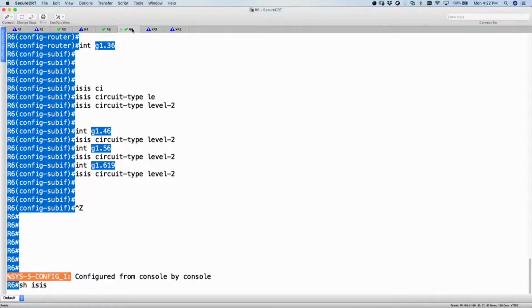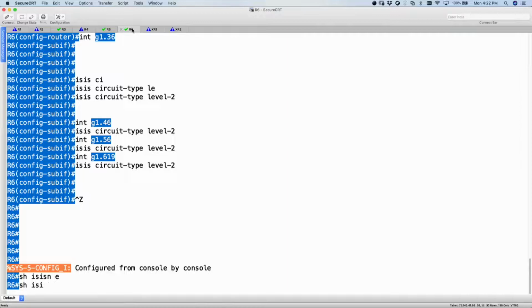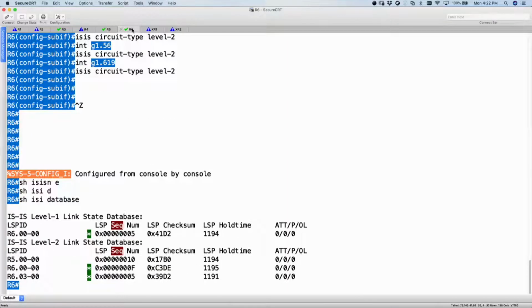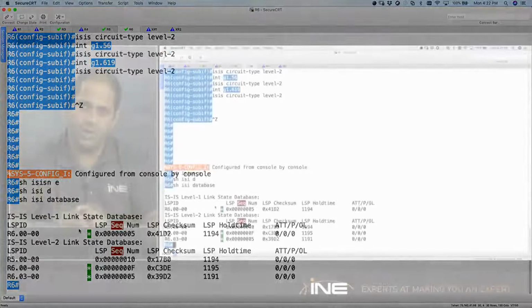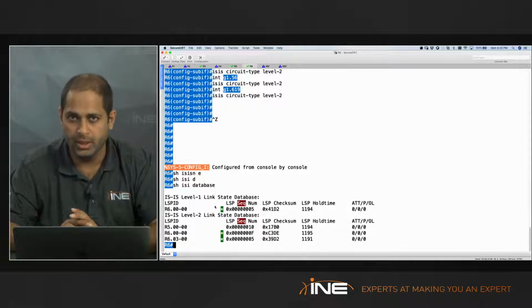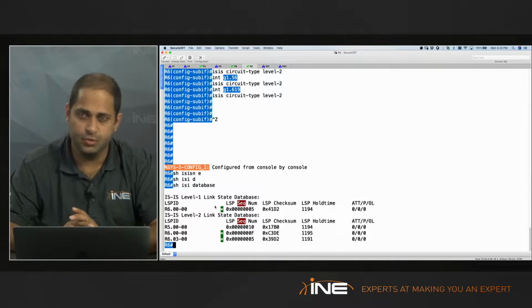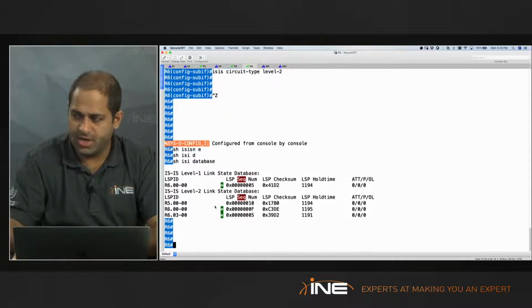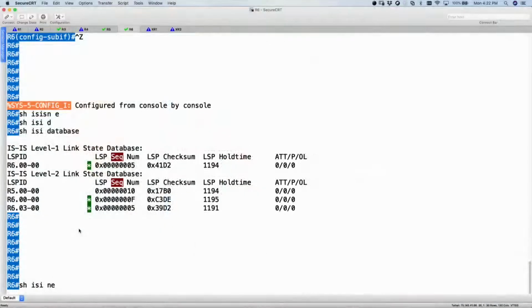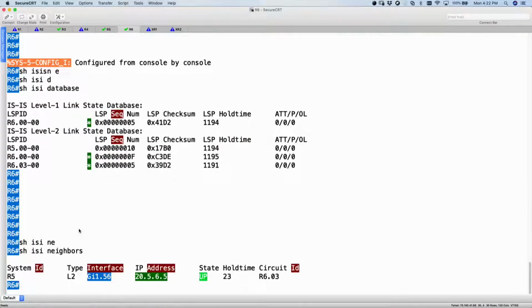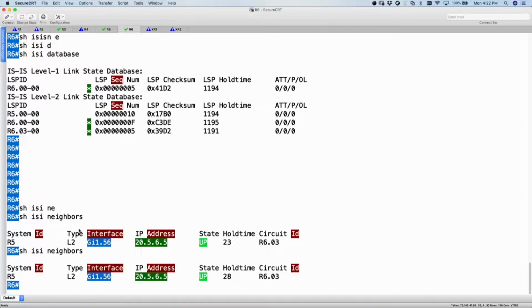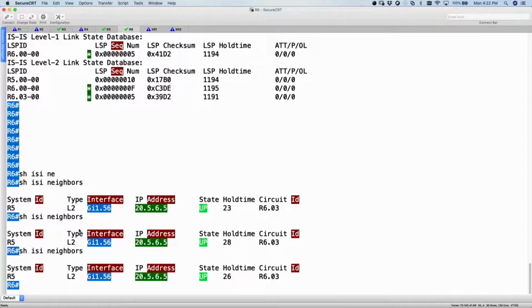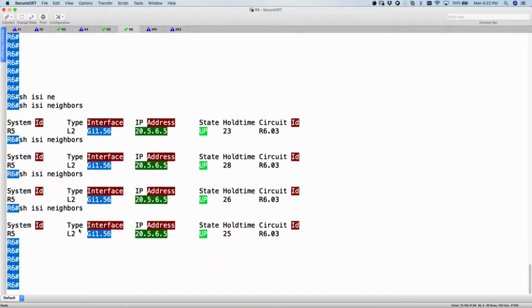So if I do a show ISIS database, I have level 1 also because globally I'm a level 1, level 2 router, but on all my links, I'm running basically level 2 only by defining the circuit type as level 2. Let's check my neighborship, show ISIS neighbors. So I have neighborship with 5. I should establish neighborship with 3 and 4 also.